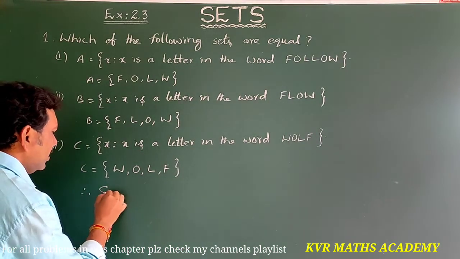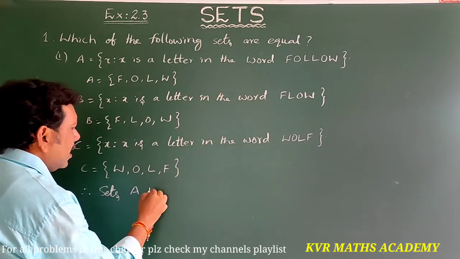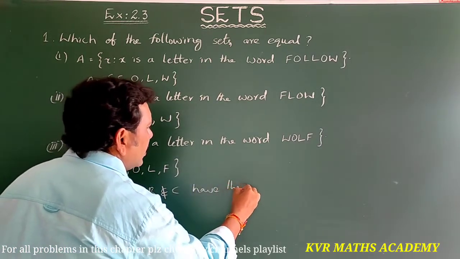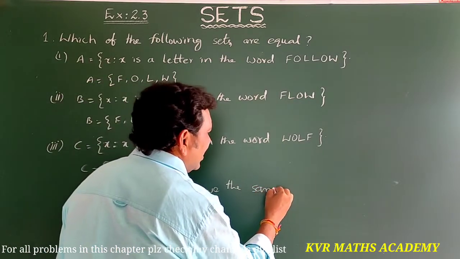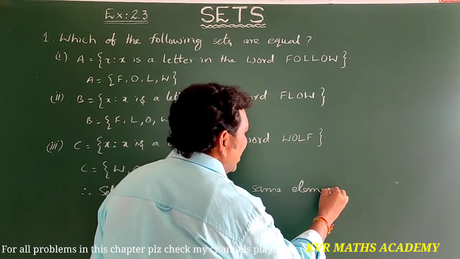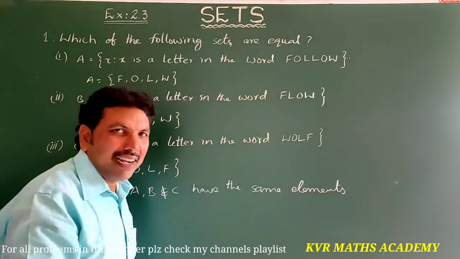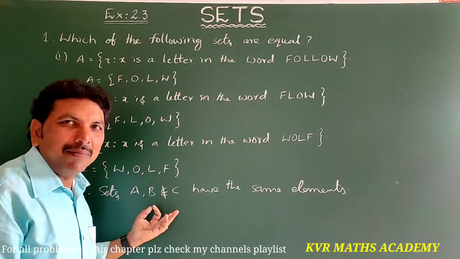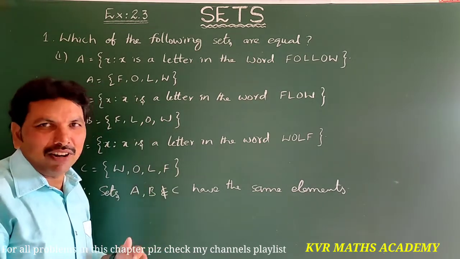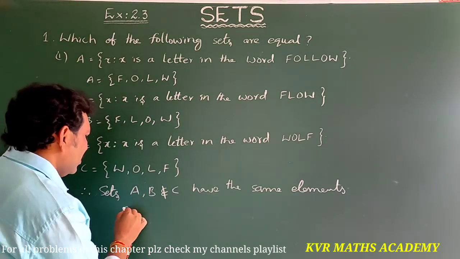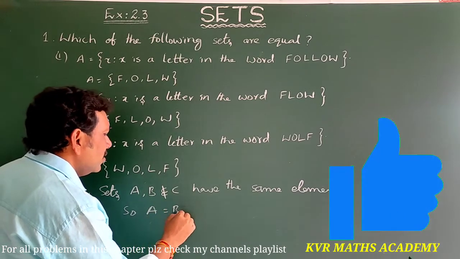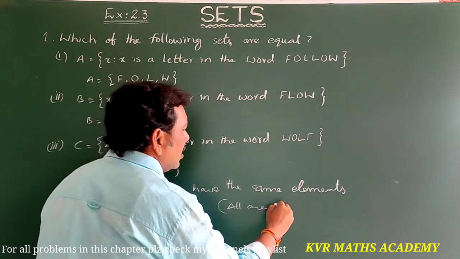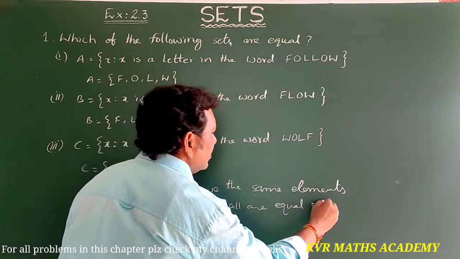Therefore sets A, B and C have the same elements. That's why these are all equal sets. So A is equal to B is equal to C. All are equal sets.